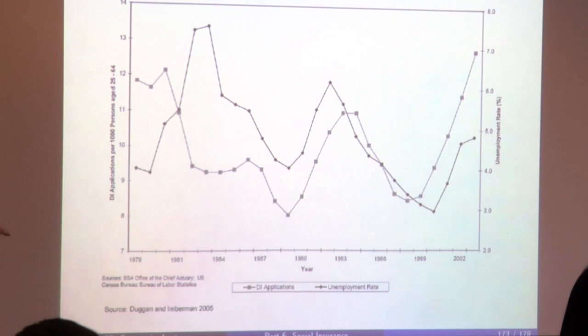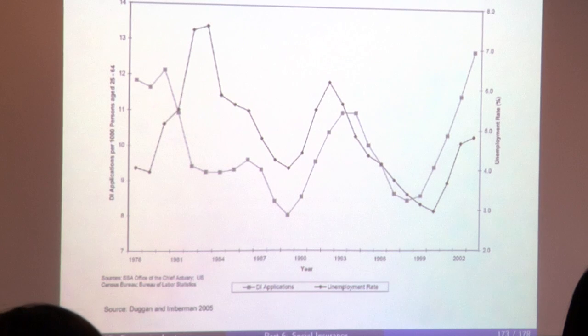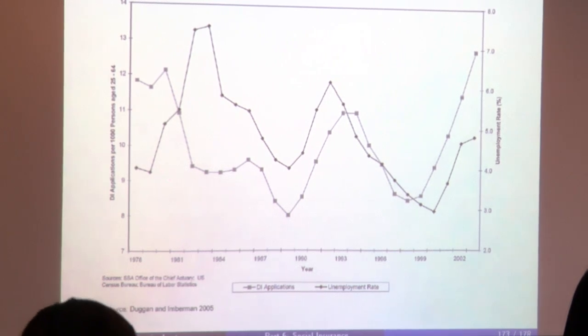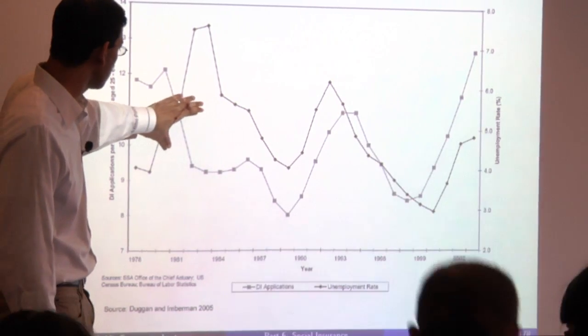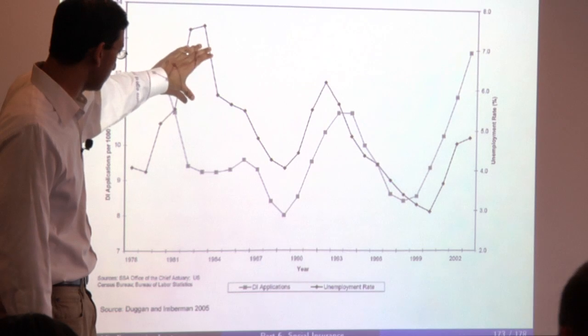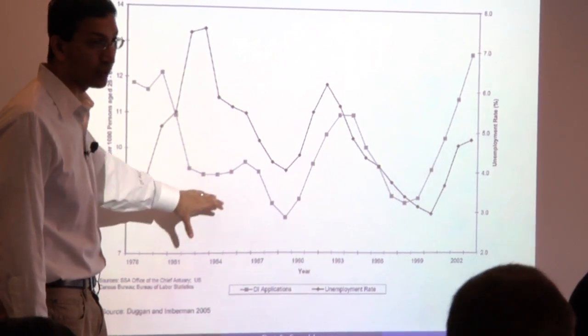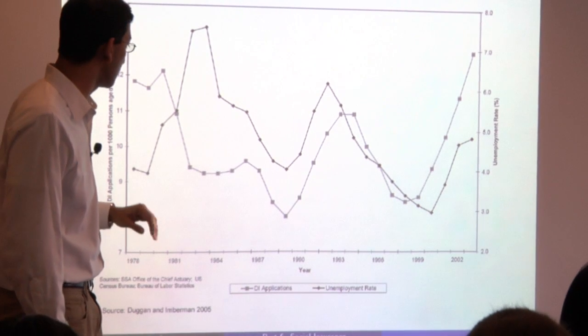This is taken from a paper by Mark Duggan and Autor in 2005, which just shows you the time series of DI applications over the business cycle. If you look at the first part of this picture, there doesn't seem to be that much of a relationship between the DI application cycle and the business cycle, the changes in unemployment rates.